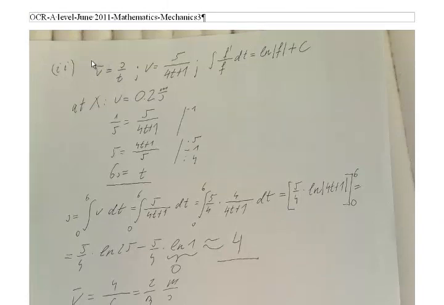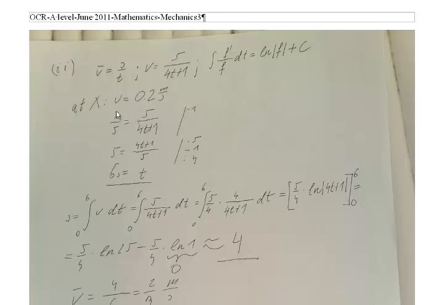Average speed is equal to length of the path over time. We'll use this previous result and this formula. We know that at x v is equal to 0.2. We substitute this here.